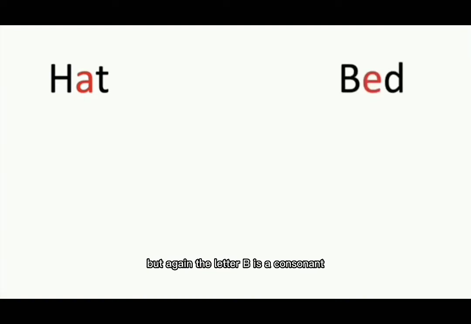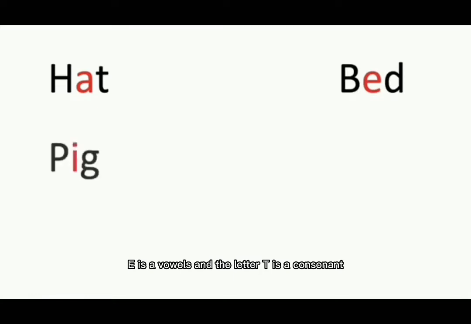Hat. Here we can see the letter H is a consonant, A is a vowel, and the letter T is a consonant. Bed. Again, the letter B is a consonant, E is a vowel, and the letter D is a consonant. Pig. P is a consonant, I is a vowel, G is a consonant.